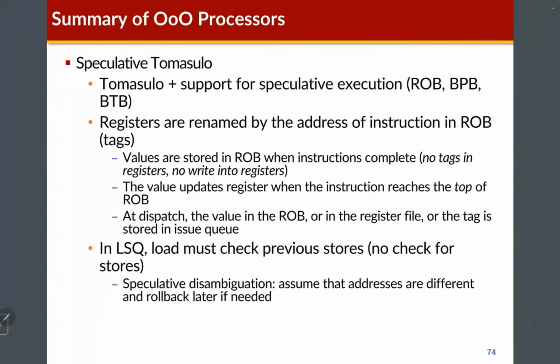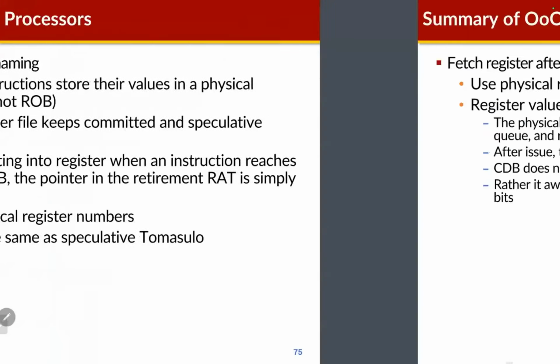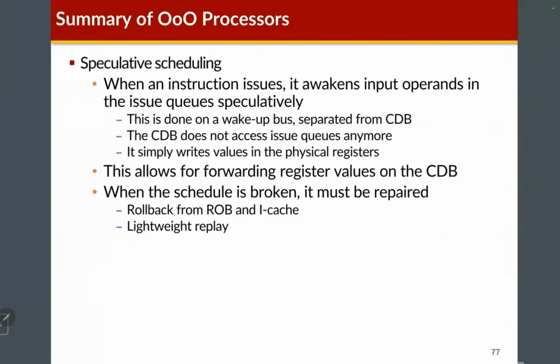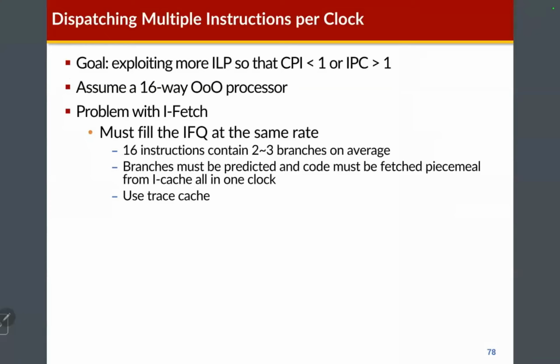Now, that was register renaming and speculative scheduling, and another technique is the superscalar. Until now, we learned that our processor fetches one instruction per clock, as we learned in the undergraduate course.